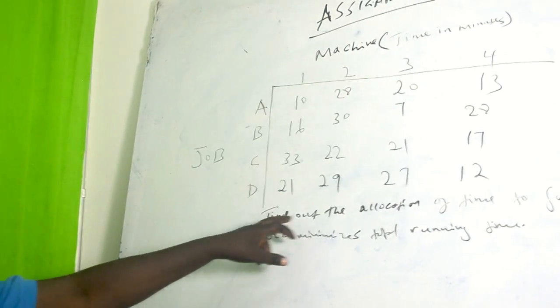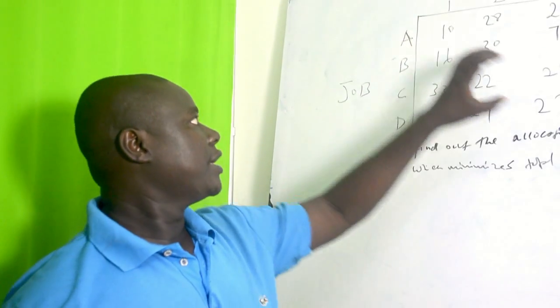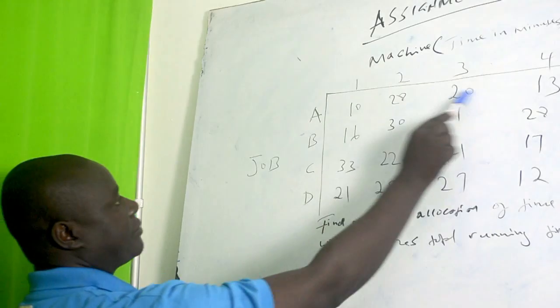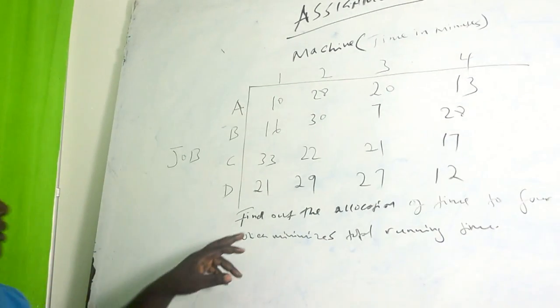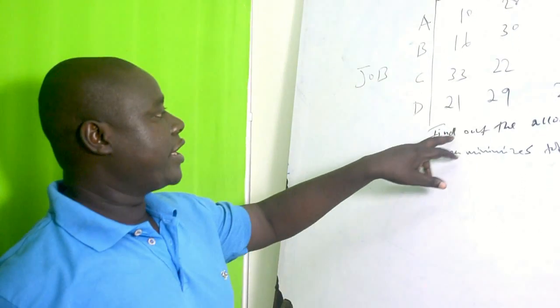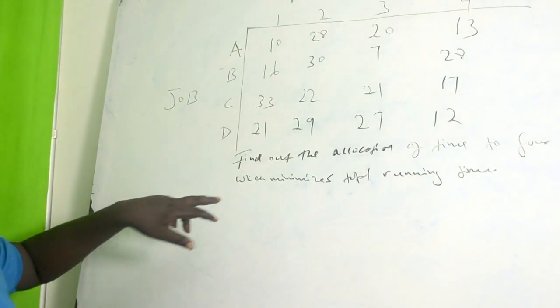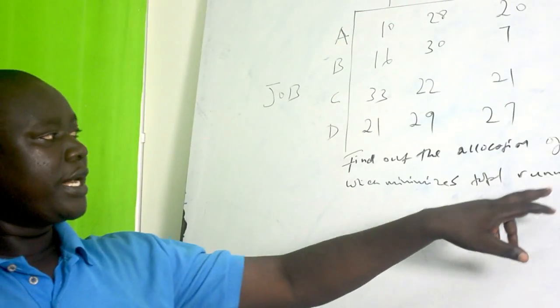Now you are being asked to find out the allocation of time. These numbers are time. So we are asked to find out the allocation of time to the 4 machines which minimizes total running time.